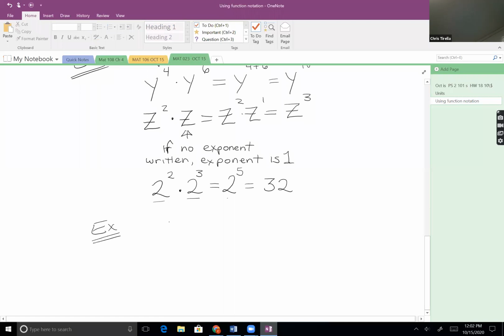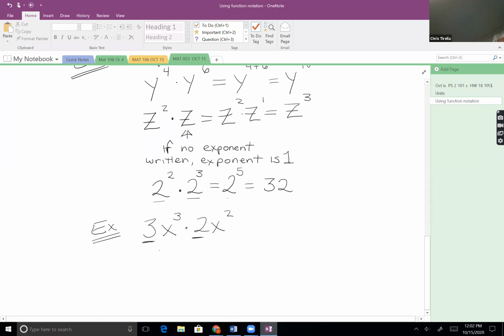Next example is a little bit different because I have something like 3x to the third times 2x to the second. Now, some of them have the same bases, but other parts don't.